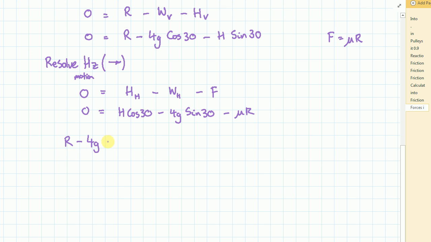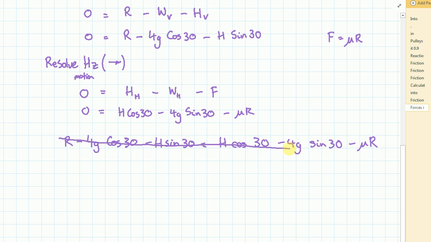R minus 4g cos 30 minus H sine 30 equals H cos 30 minus 4g sine 30 minus mu R. I'm not sure we can, yeah, we're not eliminating nicely, so we need to get rid of the R. So we multiply all of this by 0.3 and we replace my mu R.